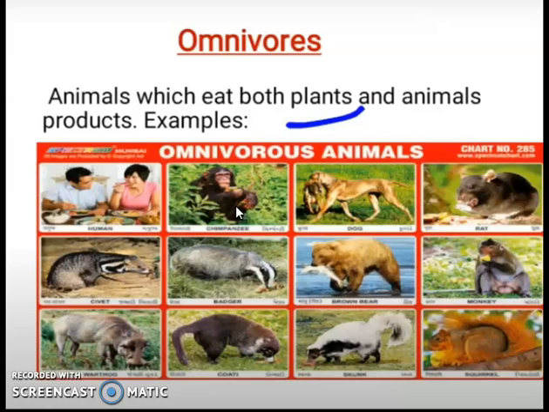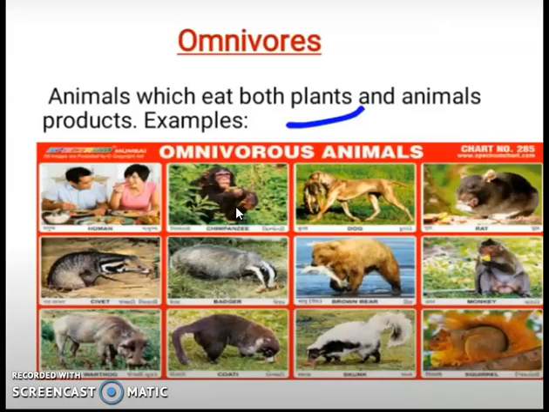When they don't get these plant products, they eat the flesh of smaller animals. But you see, they would eat cooked food like a cat and dog. Cats and dogs are also omnivorous animals because they eat the non-vegetarian cooked food that we give, isn't it?